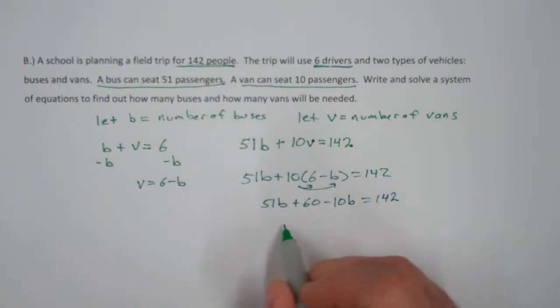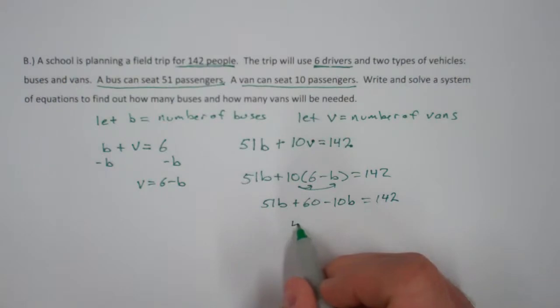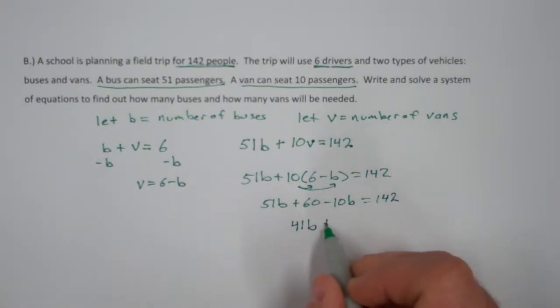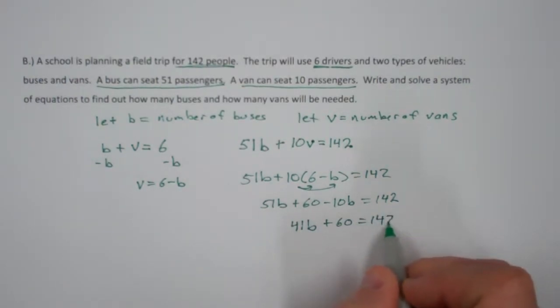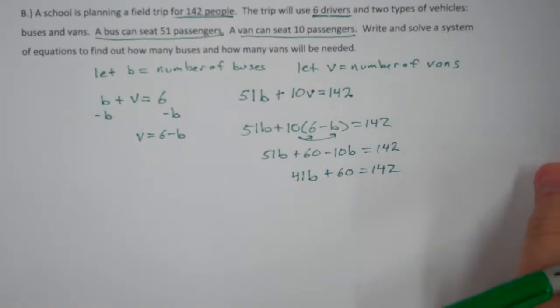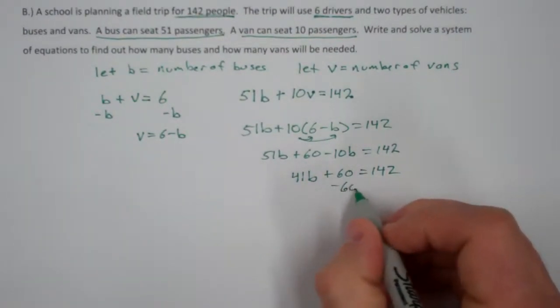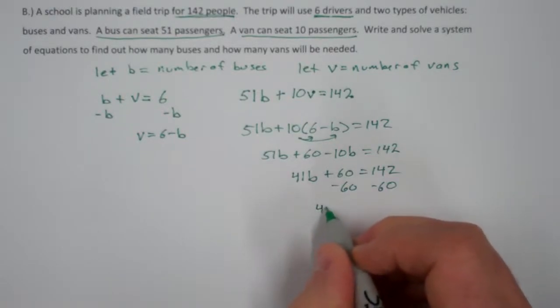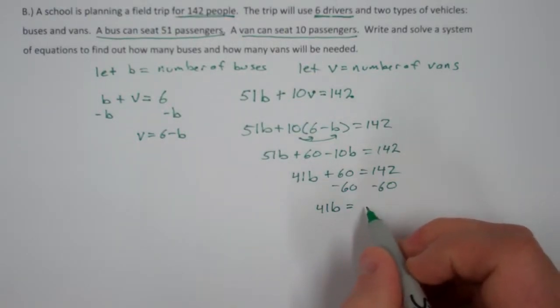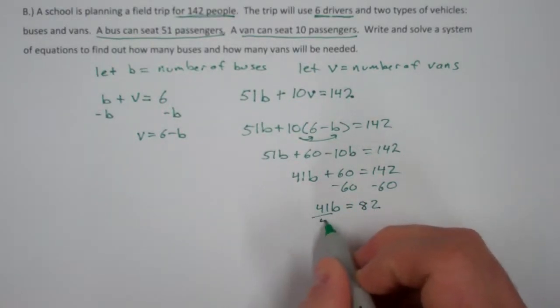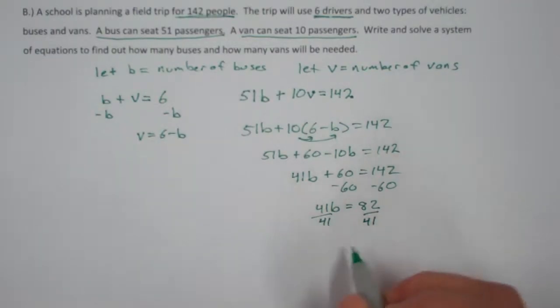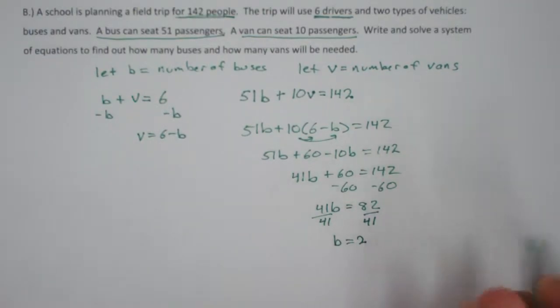We'll combine these together, so this 51B and this negative 10B, when you put those together, you get 41B. We'll subtract 60. So we have 41B equal to 82. We'll divide by 41, and we get B to be 2.